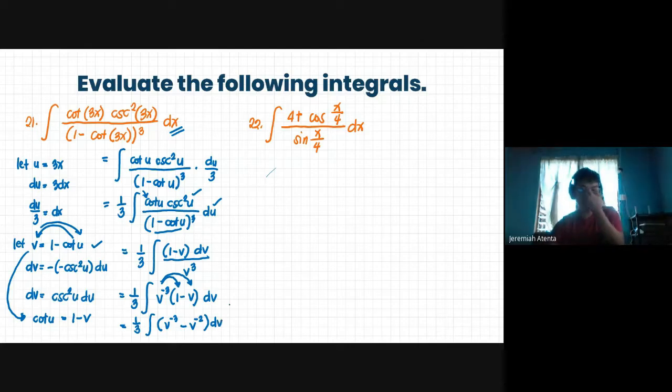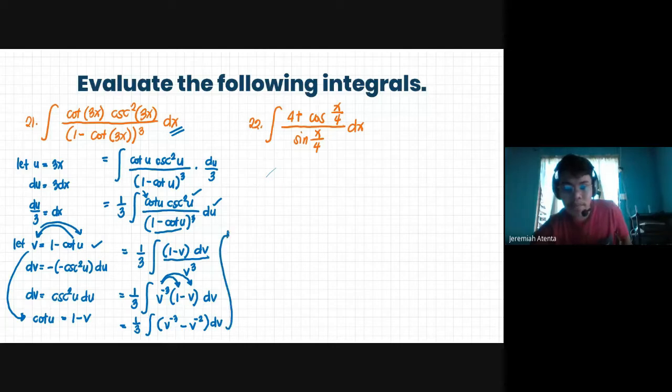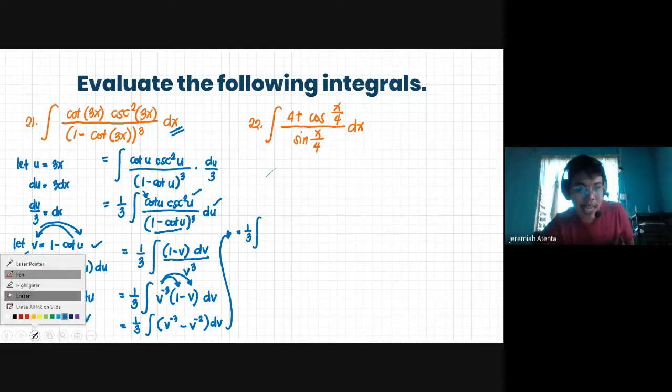dv. We have no more space. So after that, this will become equal to, I hope you can still follow, 1/3 integral of v, wait, let's erase. We can distribute the integral sign. Right?